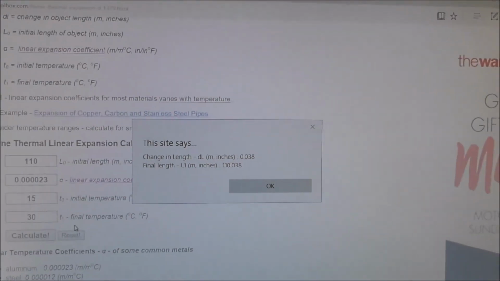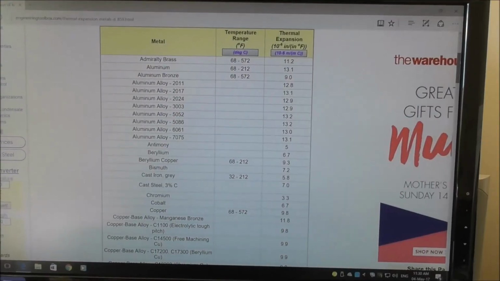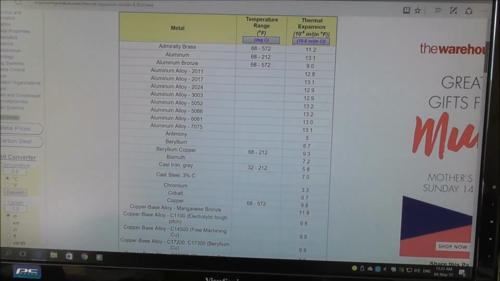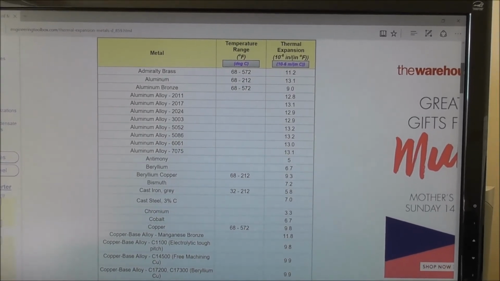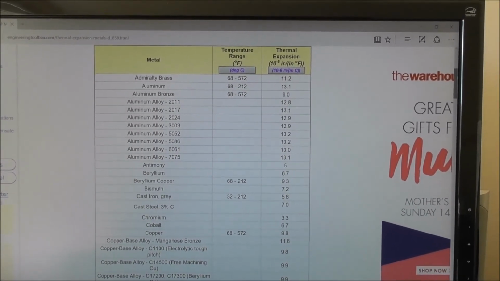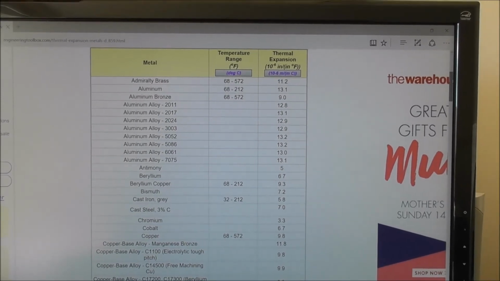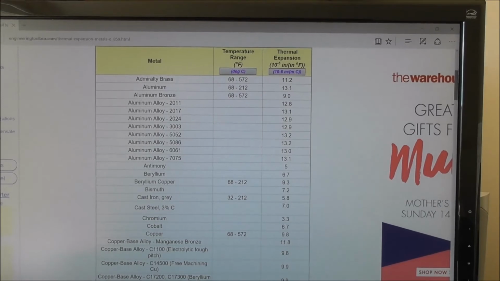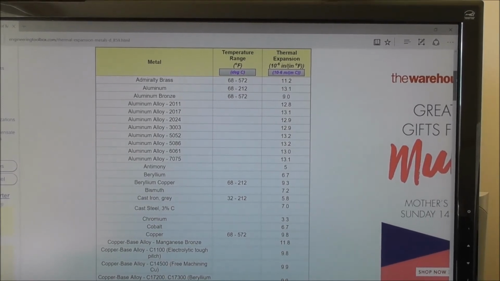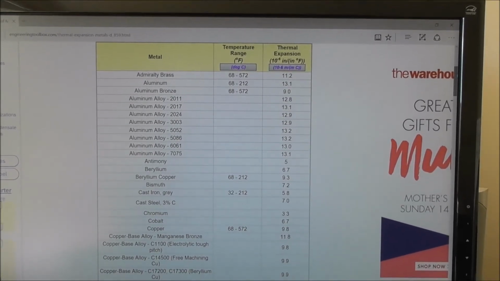Okay, back to my coffee. Just looking at the thermal expansion of metals here. So aluminium is a value of 13. That's expressed in 10 to the minus 6 per degree. But anyway, it's the number that matters. So in aluminium it's 13.1.